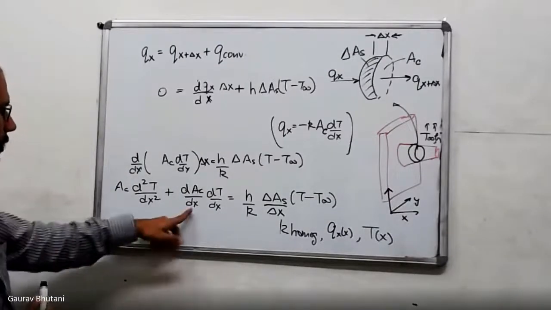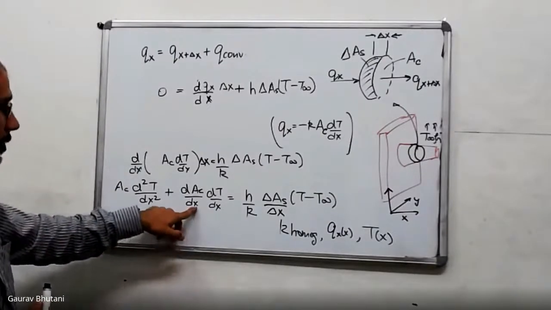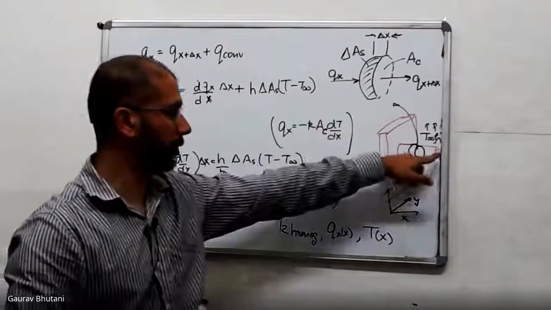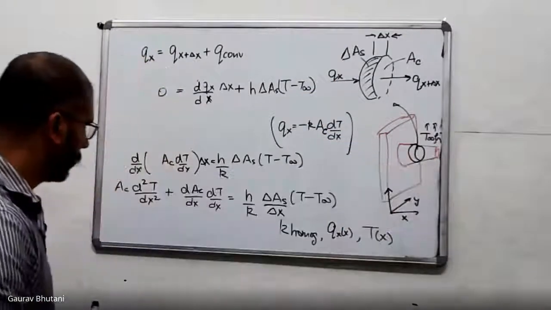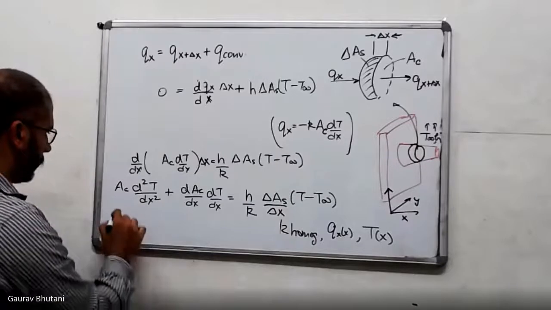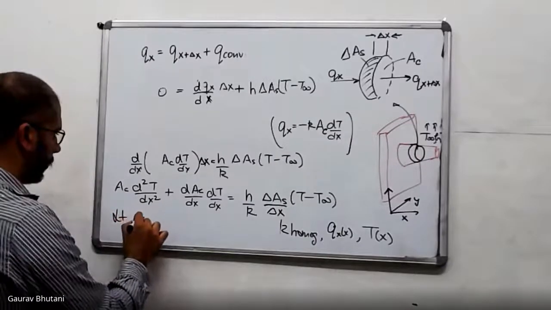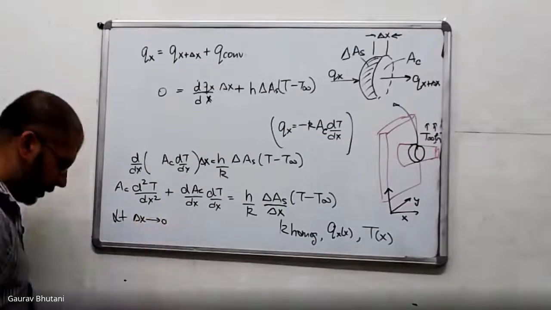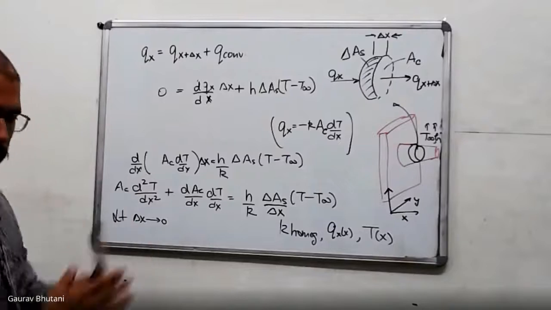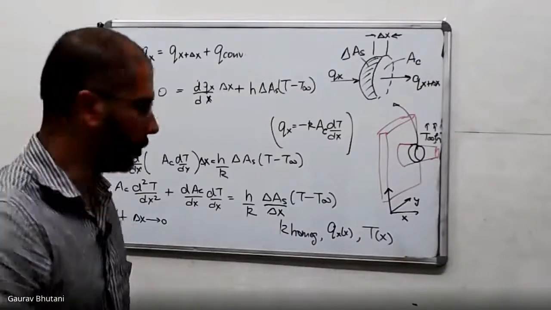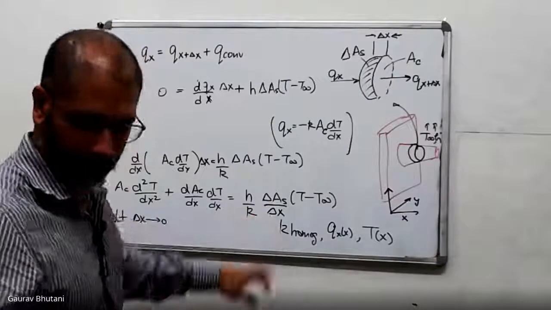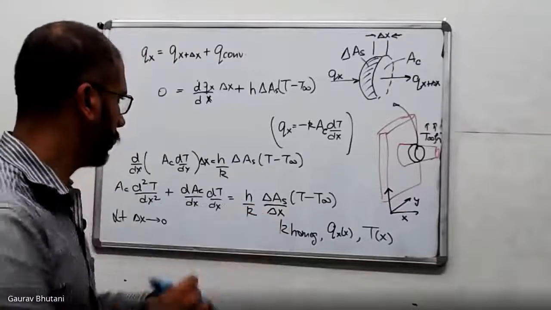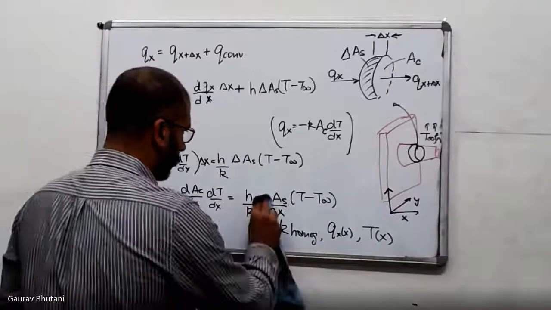Remember that this dAC by dx is not 0 because your AC cross-sectional area in this case is changing with the length of the fin. Now in the limit that delta x tends to 0, that is what we typically do, this term delta AS by delta x becomes a derivative.